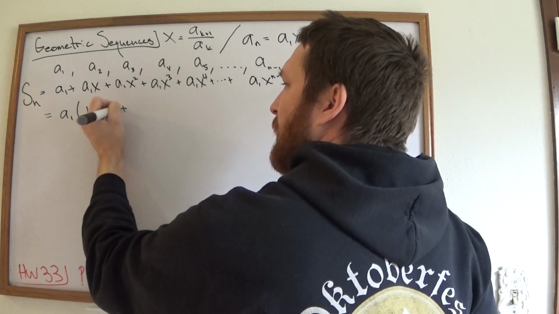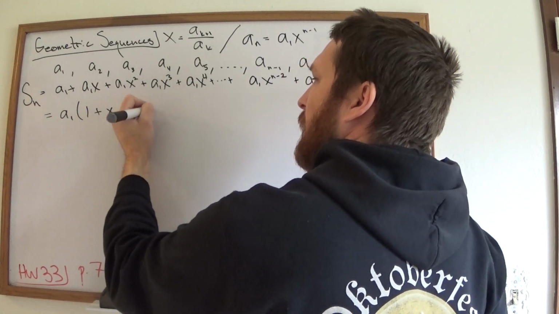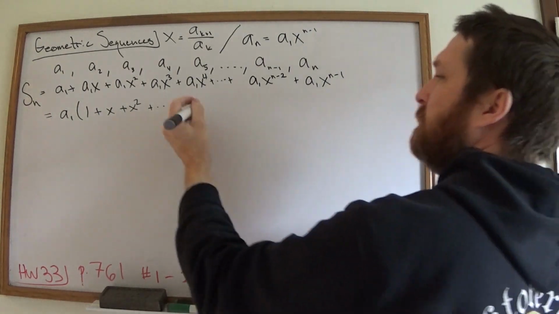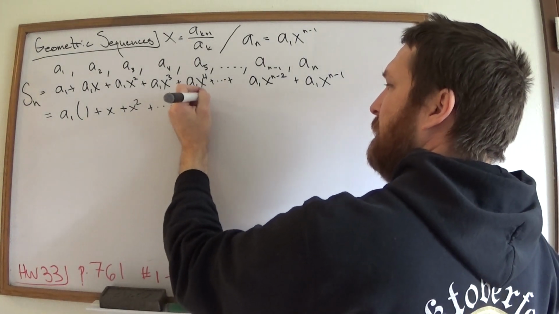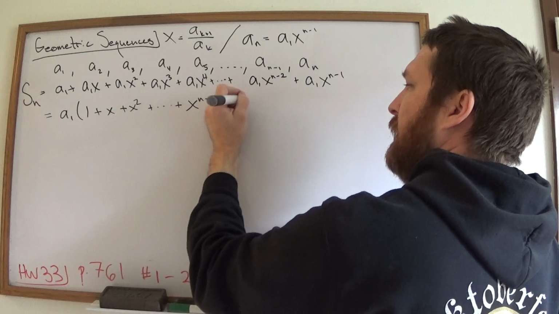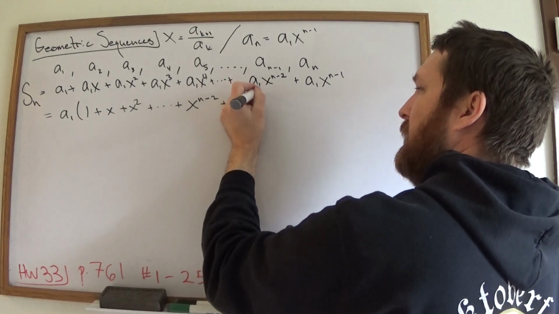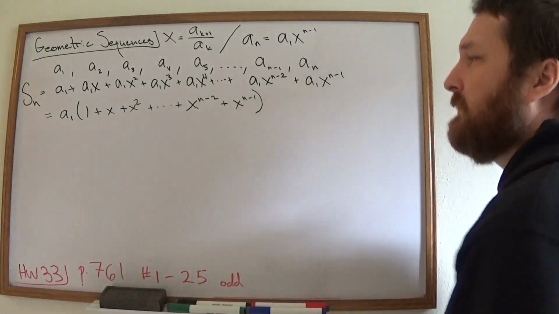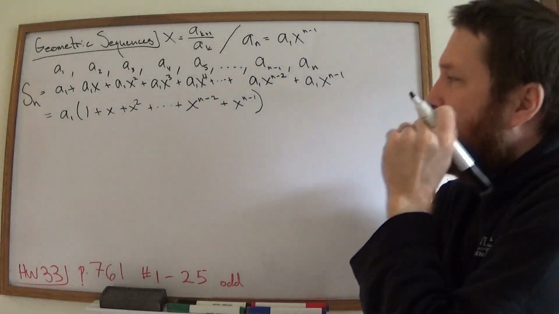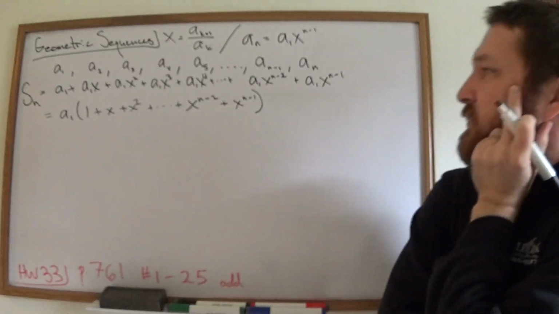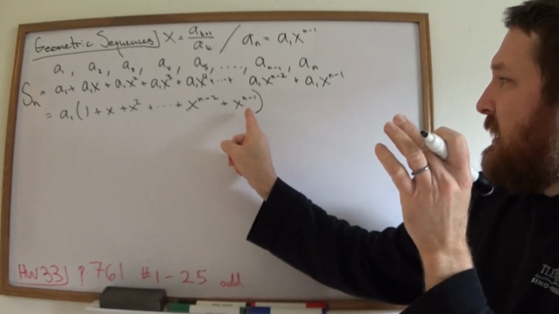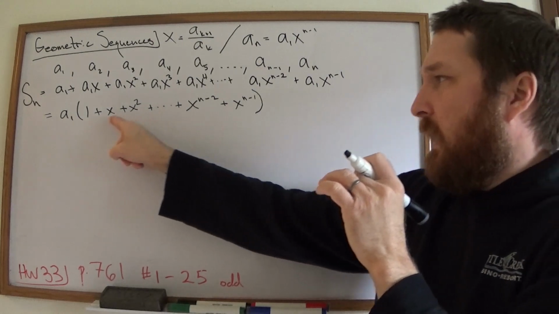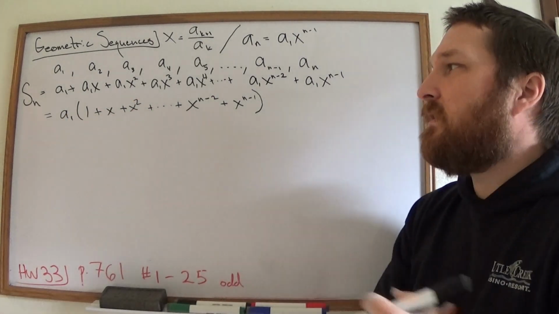Here I'm left with an x squared. And so on and so forth, all the way up to x to the n minus 2, x to the n minus 1. A total of n terms right here. So then the question is, can I rewrite this in a way that makes it easier to compute?